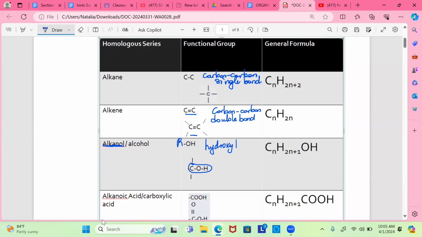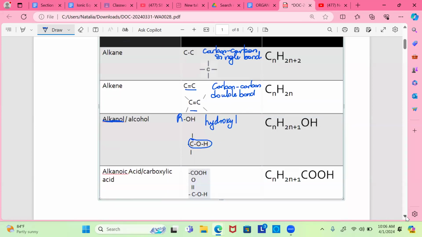Then we have alkanoic acid or carboxylic acid. The functional group is C double bond O. I don't think this is drawn properly, so I'm going to redraw it.